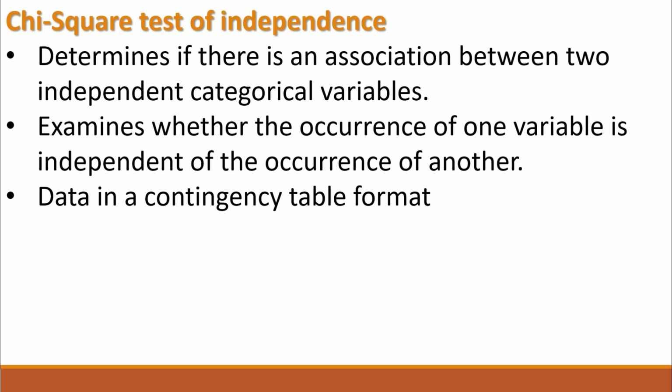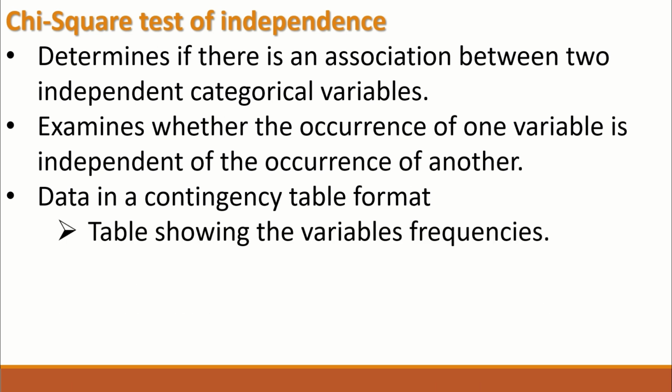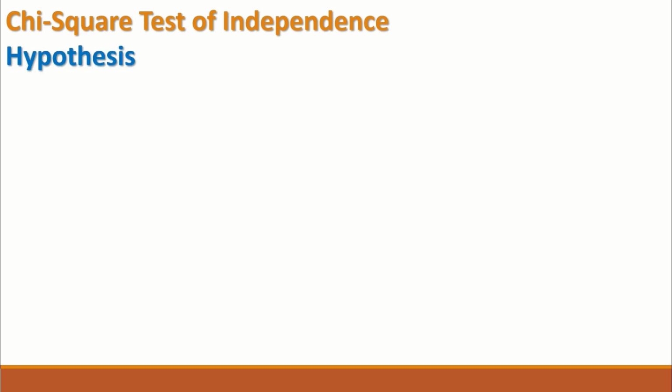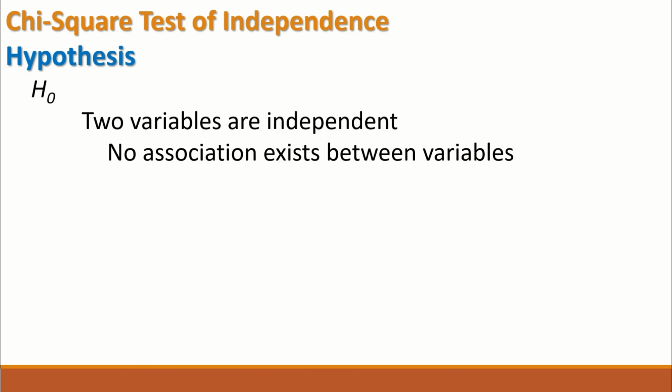So the data have to be assigned in a contingency table format. The table will show the variable frequencies for each category. To perform the chi-square test of independence, a hypothesis has to be generated.